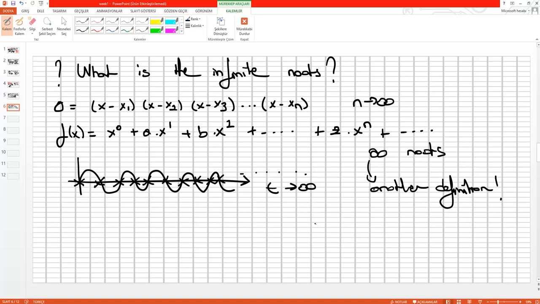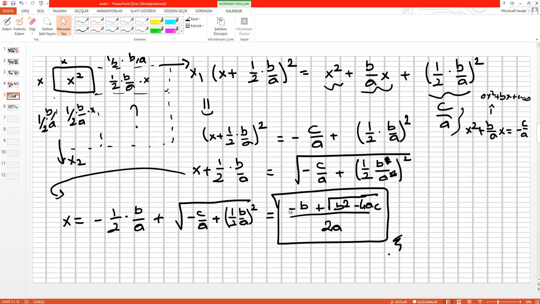Okay? Because we proved it. We have proven that the algebra can be represented by the geometry, or the geometry represented by the algebra, right? Otherwise, we don't have any root values in here, right?